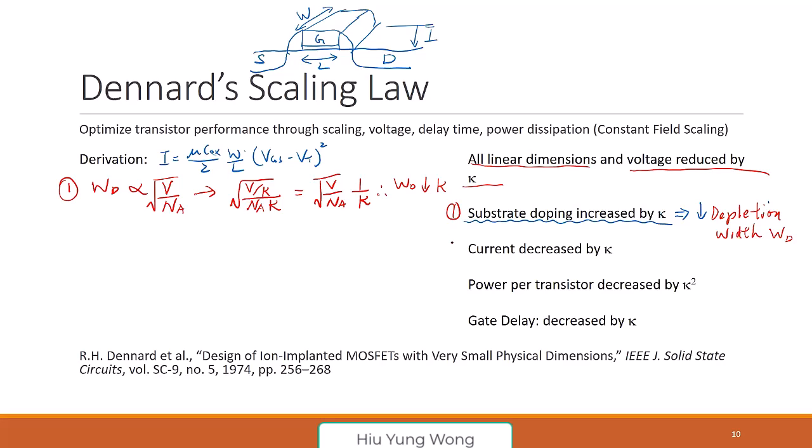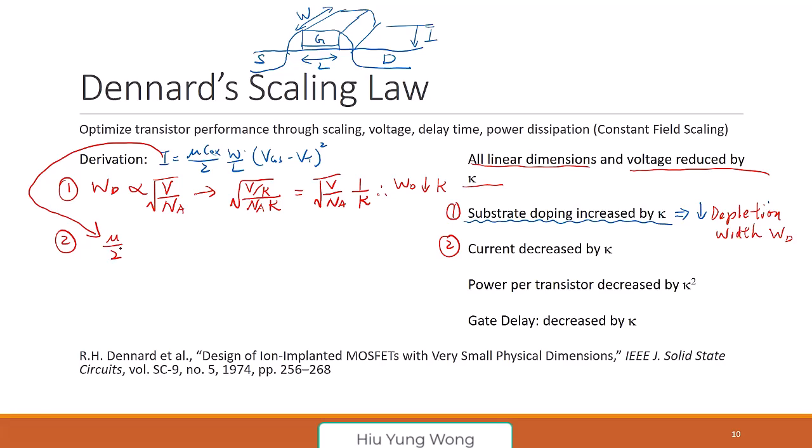Now, it also tells us that the current is going to reduce by copper. Is that right? I just asked you what's the current, right? So I did not write in the correct sequence. I copy here. So can you tell me what happened to the mobility when you make it smaller? Basically the same.